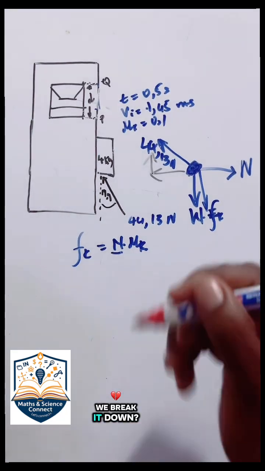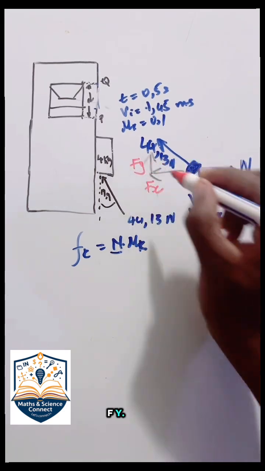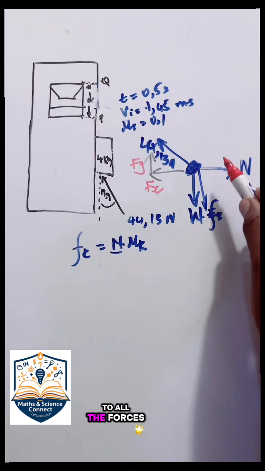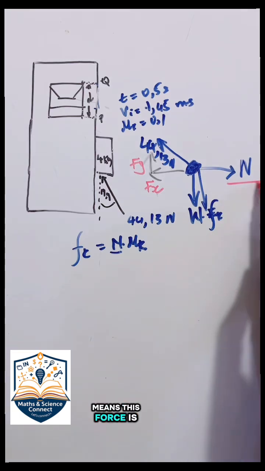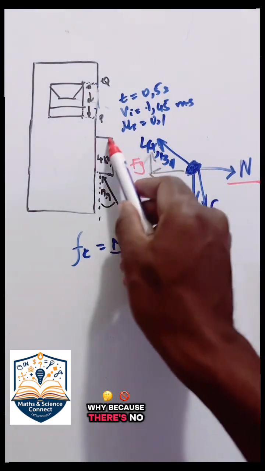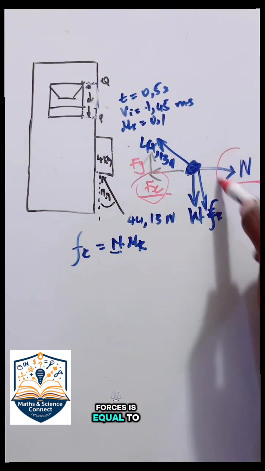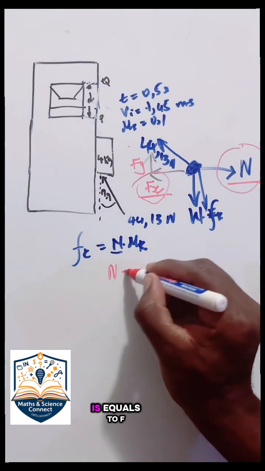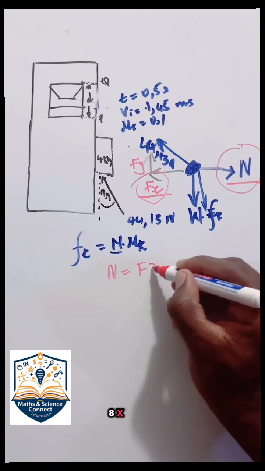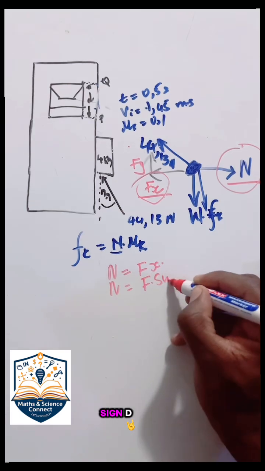What happens if we break it down? We are going to have Fx this side, and Fy. Normal force is equal to all the forces going in the opposite direction. So this force is equal to this force, because there's no left and right movement. So in this case, normal force is equal to Fx, and Fx is calculated as F sine theta.